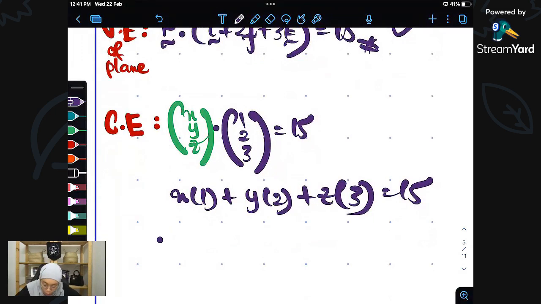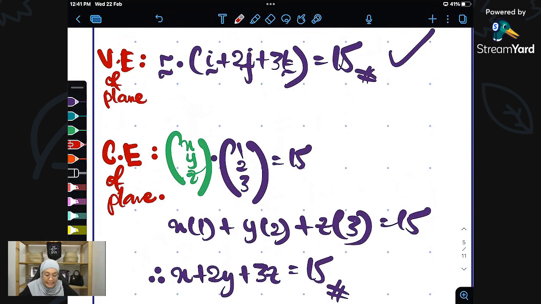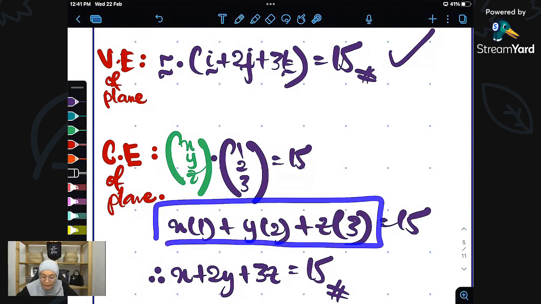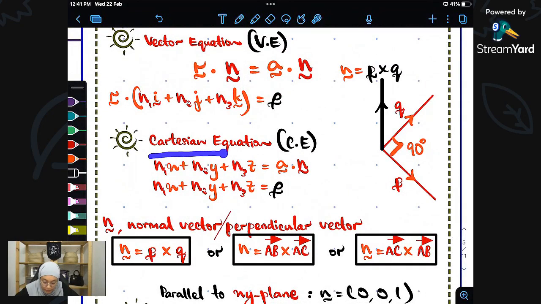Therefore, as a conclusion, my Cartesian equation of plane is just x plus 2y plus 3z equals 15. Yeah, done here. This is the Cartesian equation of plane. Simple? Yes, it is simple. As easy as ABC. So kalau you nak comparekan balik benda ni dengan formula yang saya tulis pada nota saya, so inilah dia yang saya tengah cuba buat.